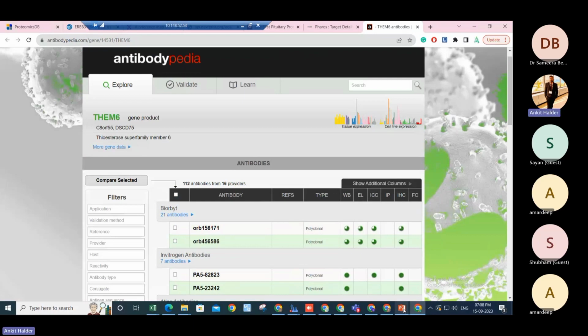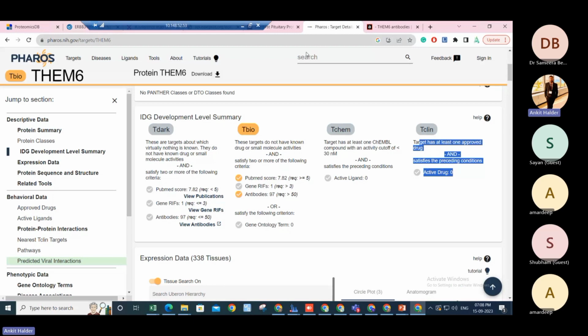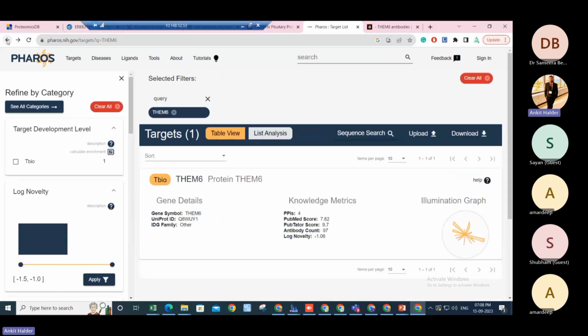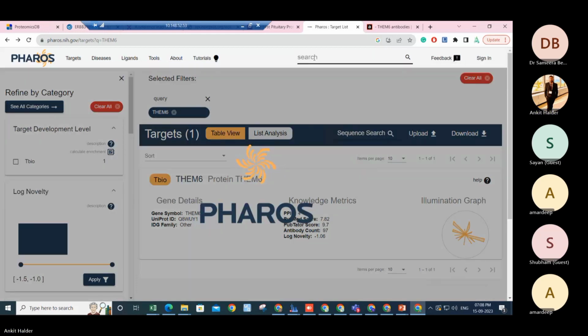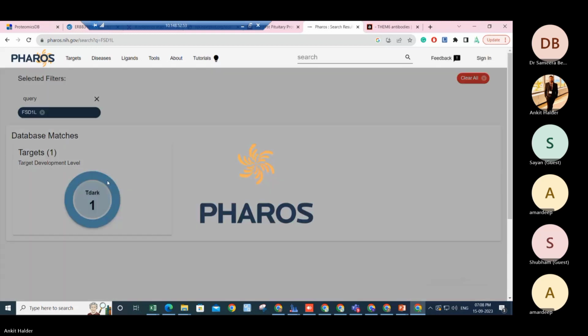So similarly, let us try out another protein in Pharos. So you can see this is in the Tdark stage.